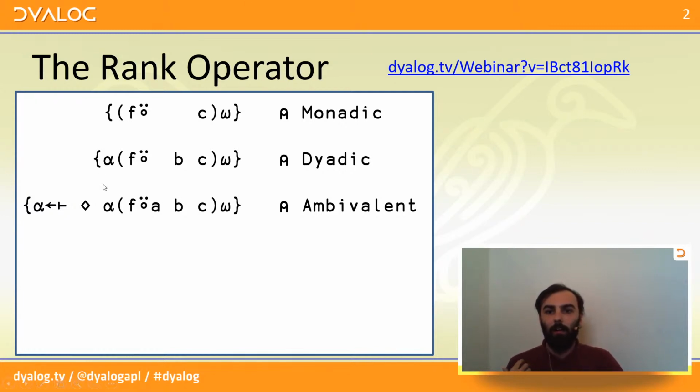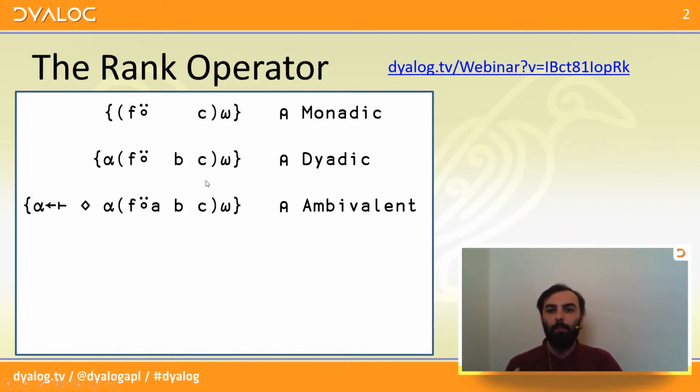Now, I've expressed these constructs this way by parenthesizing the derived function. And I think for teaching purposes and sometimes in code, this gives a bit of extra clarity about which part is the function and which part are the arguments.